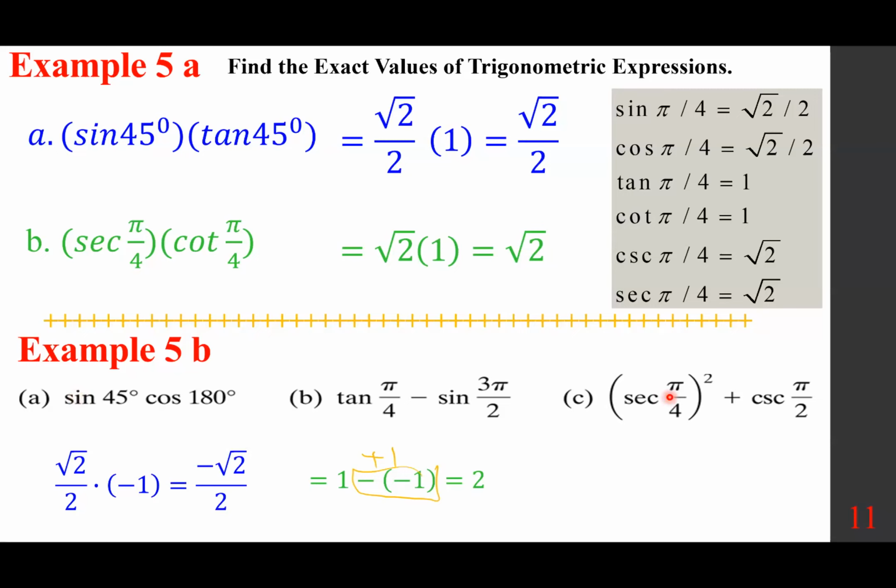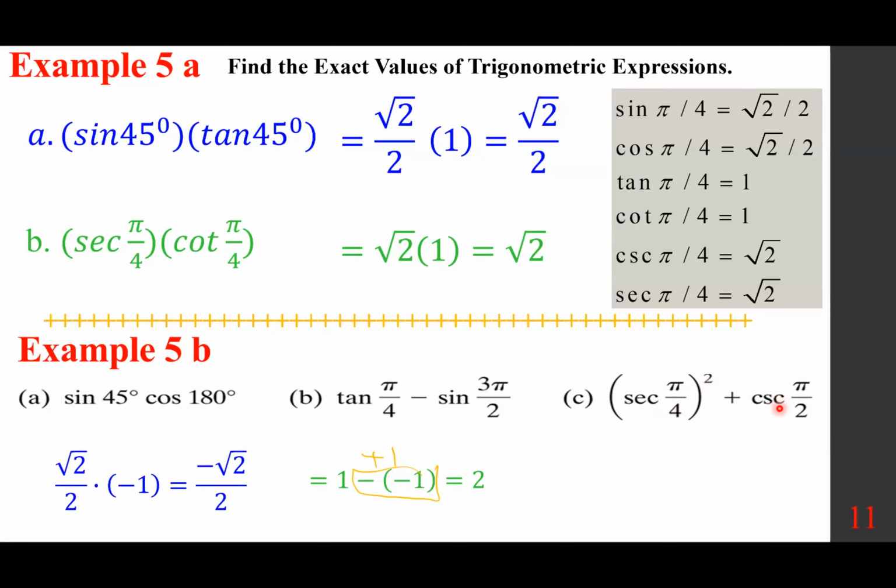Secant of pi over 4 is square root of 2 to the second power. Cosecant of pi over 2 is 1 over sine of pi over 2. Remember, sine of pi over 2 was 1, so is cosecant because they're reciprocals. So this is square root of 2 to the second power, which makes it 2.